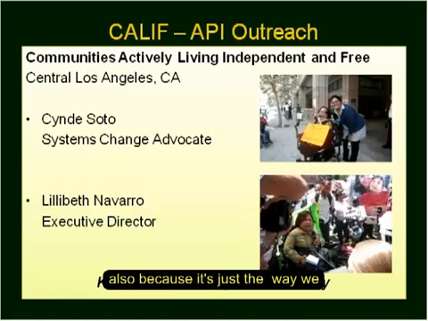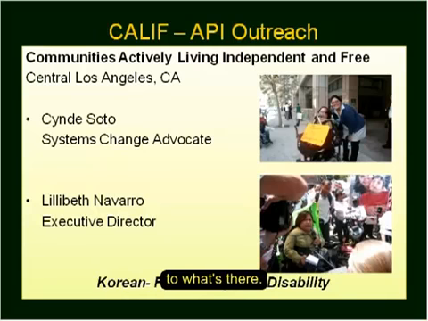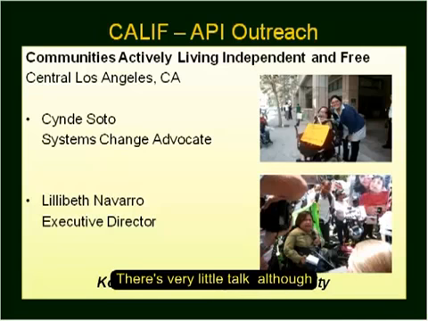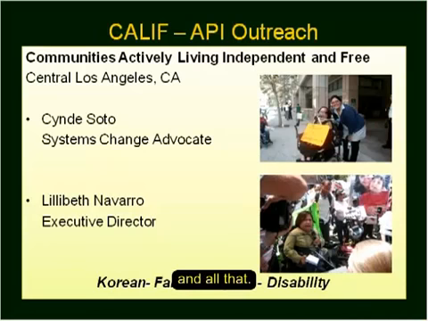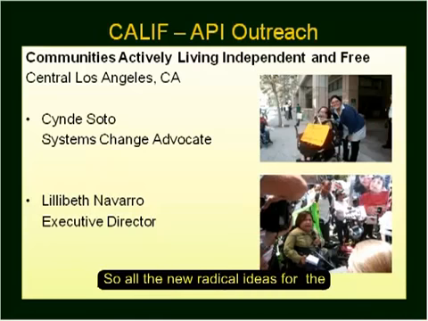One thing I love about the American culture is our ability to find solutions. In the Asian culture sometimes, because of the way we were taught, you adapted, right? If you're a disabled person, you adapt to what's there. There's very little talk, although it's done, about changing the environment.